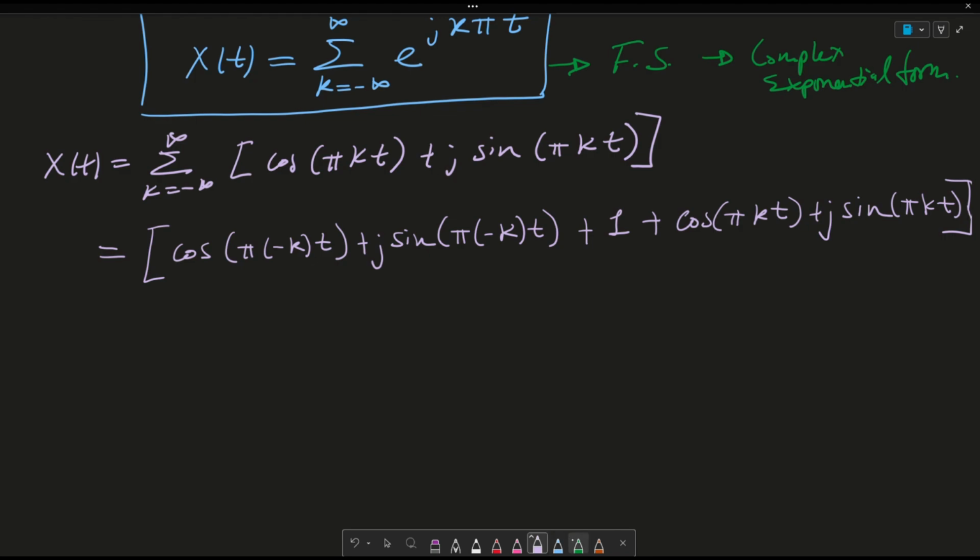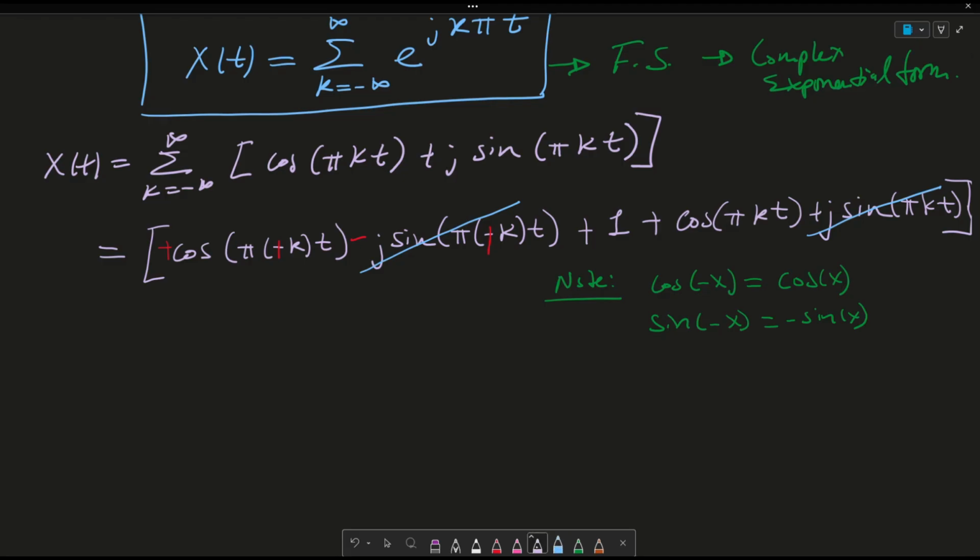And essentially, what we want to note is the following. So we want to note some trig rules saying that cosine of negative x is equal to cosine of x, and sine of negative x is equal to minus sine of x. As a result, we can make this a positive, and this stays as a positive. If we make this a positive, this goes to a negative. And as a result of that, this term cancels out with this term, and we just get 1 plus my cosines.